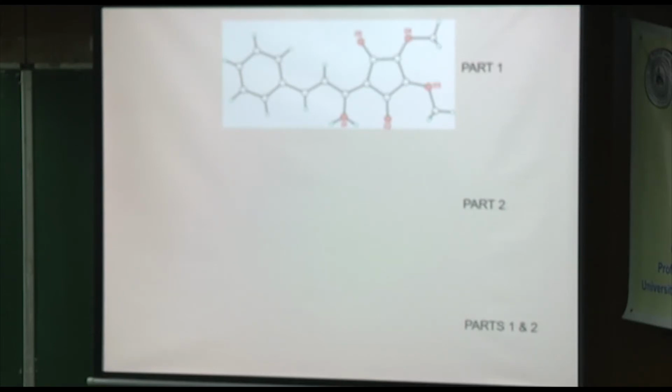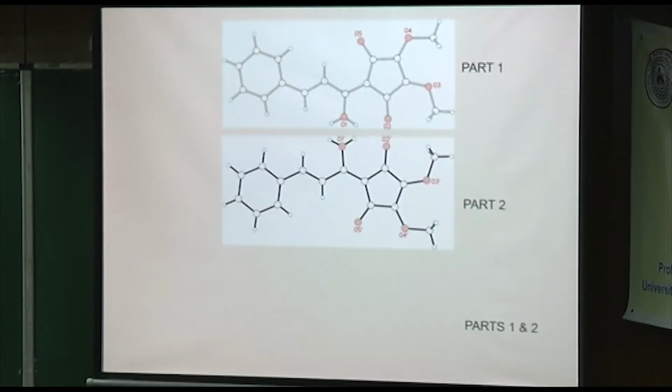And then you can slap another molecule sort of on top of it without changing the space that it occupies. You just flip it over. Okay. So molecule 2 is just flipped over from the other one. And then you can kind of imagine how they would superimpose.